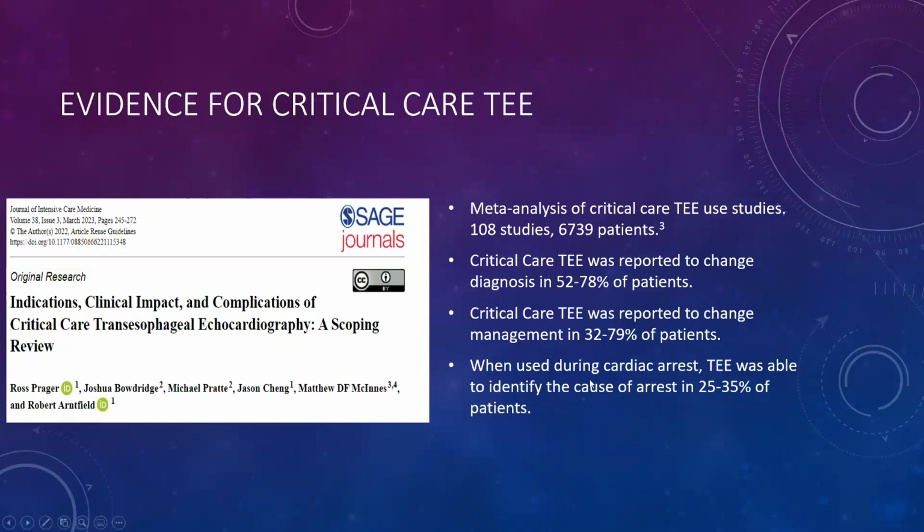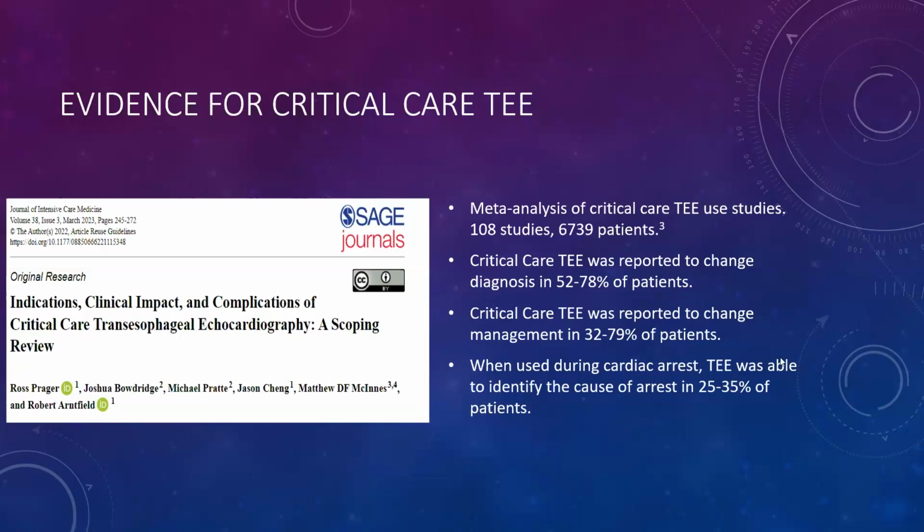And then when using cardiac arrest, so in addition to monitoring the adequacy of compressions, TEE can be useful just like TTE during cardiac arrest in identifying the cause of arrest in up to 35% of patients.